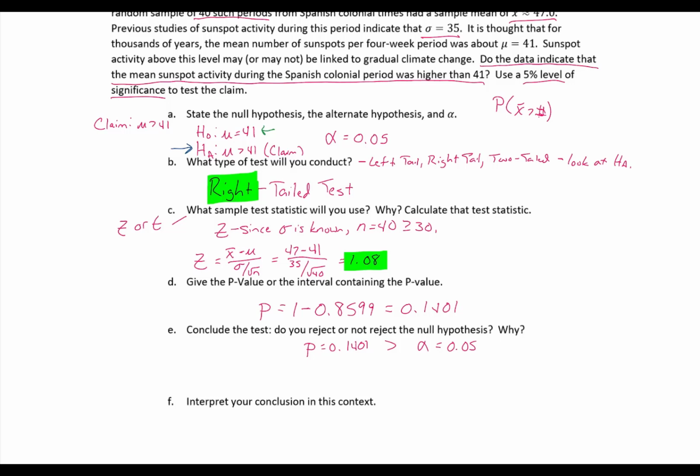And remember the criteria: if p is greater than alpha, we don't have enough information to sway us to reject the null hypothesis. So in this case, we fail to reject the null. Our justification is literally because our p-value, which is 0.1401, is greater than alpha equaling 0.05. The way you're justifying it is what you have to do to decide in the first place.